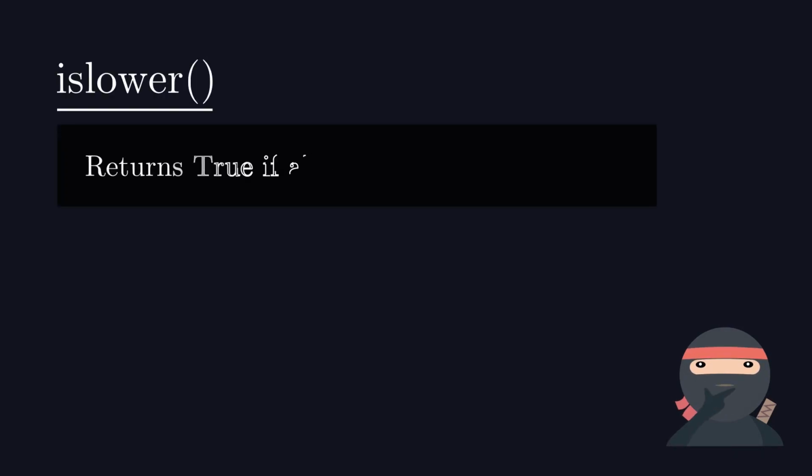Let's talk about some methods that return a bool value. The islower method returns true if all the characters in the string are lowercase.